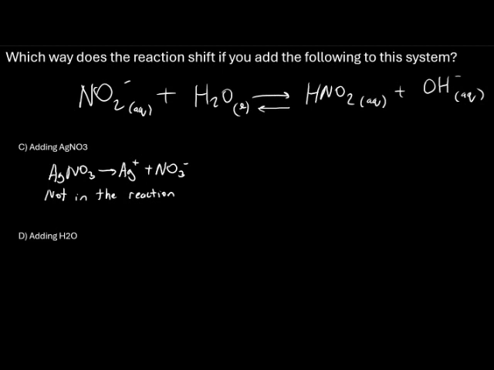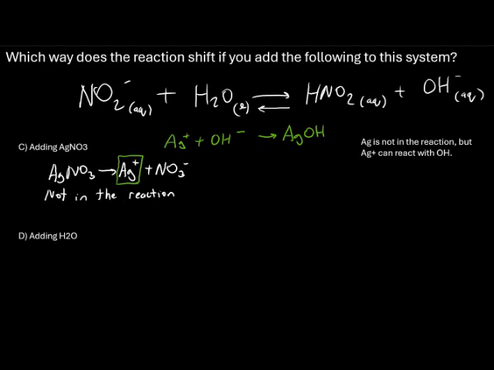However, one of the properties of Ag is that it can react with OH-. Ag+, when it reacts with OH-, will make a new compound. That compound is silver hydroxide, AgOH.